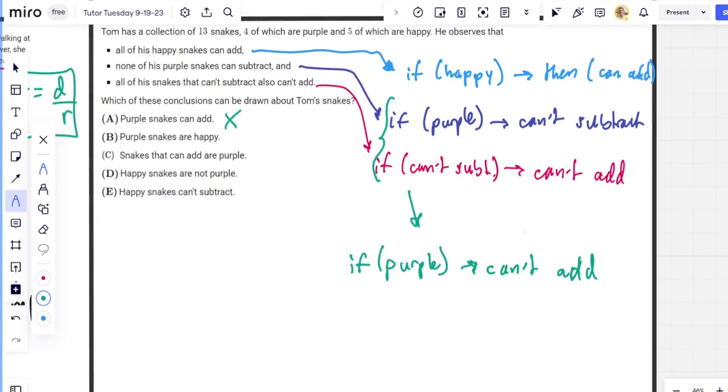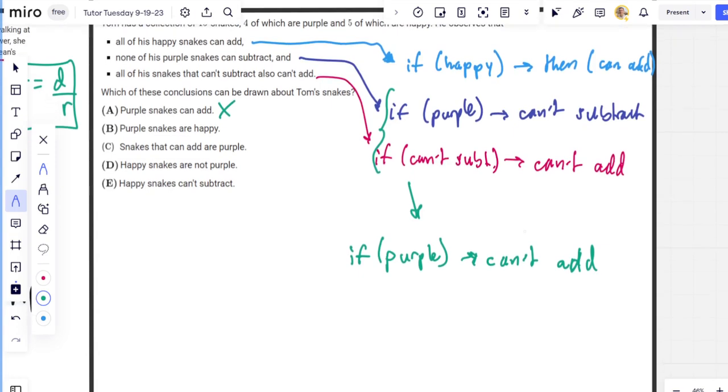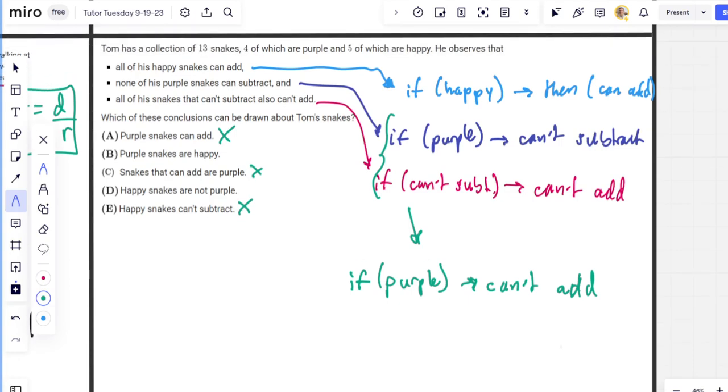Well, that directly contradicts what we just found. Purple snakes are happy? Don't think so. Snakes that can add are purple? No, we just found that if you're purple, you can't add. Happy snakes are not purple? Maybe. Happy snakes can't subtract? Not really anything that points towards that. Actually, these two are kind of opposites of each other. Either purple snakes are happy or happy snakes are not purple.